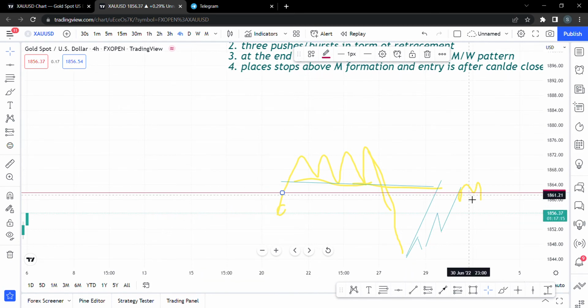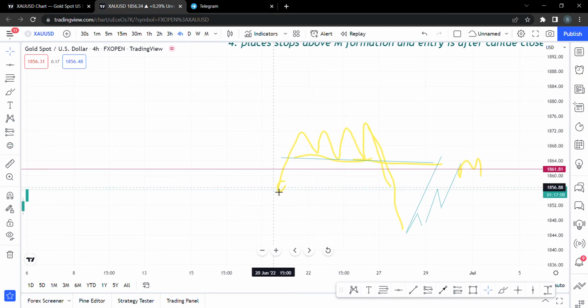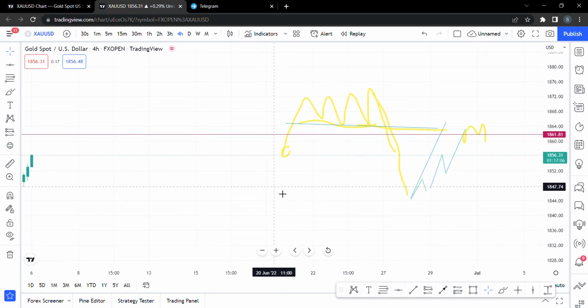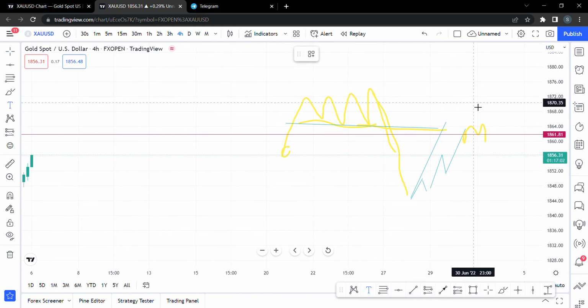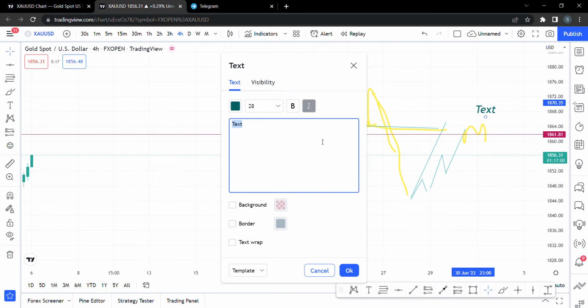So the candlestick formation I need to see here needs to be two things: pin hammer or engulfing, right?